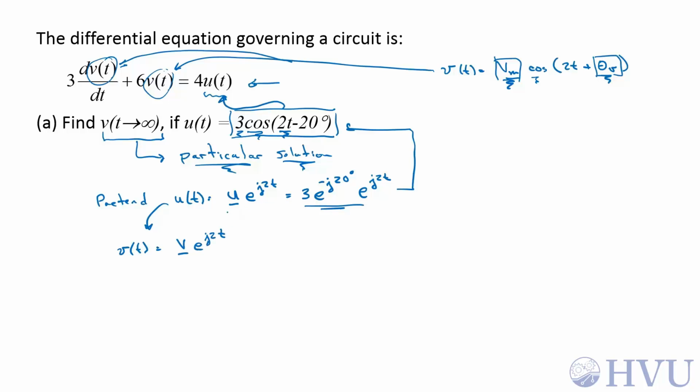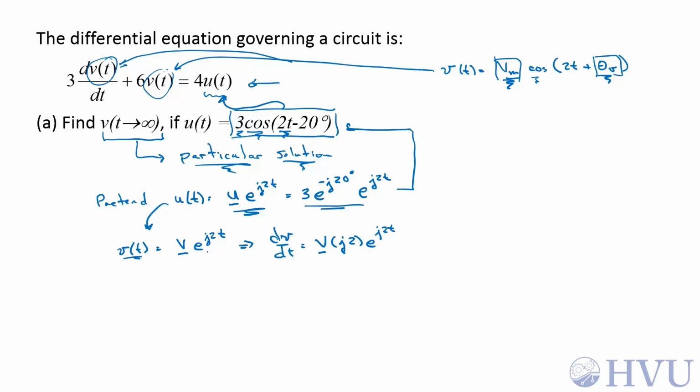It has the same form as this input, and dv by dt will be v times j2 times e to the j2t. Complex exponentials are easy to differentiate.